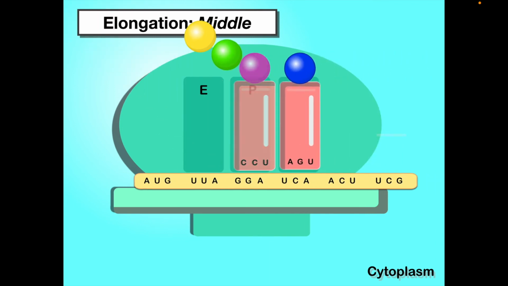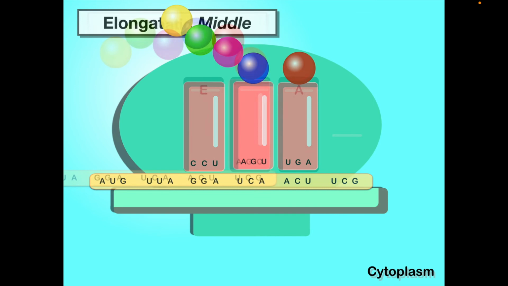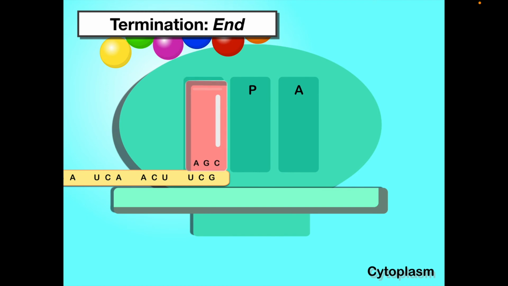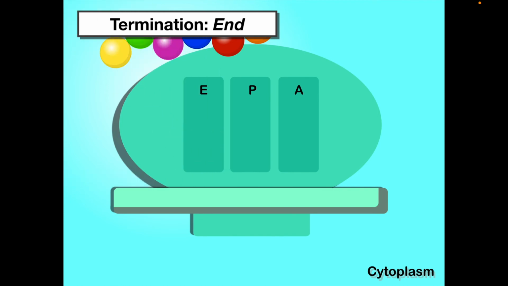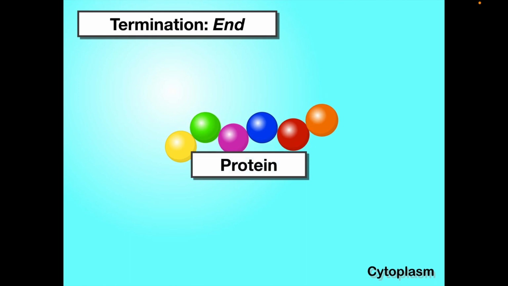And as we move through this mechanism, we can see our polypeptide chain is going to grow and get longer. At the end of this sequence, we're going to hit one of our 3 stop codons, and what that's going to signal is our tRNA and our mRNA to decouple, and we're going to be left with our final product, our protein.